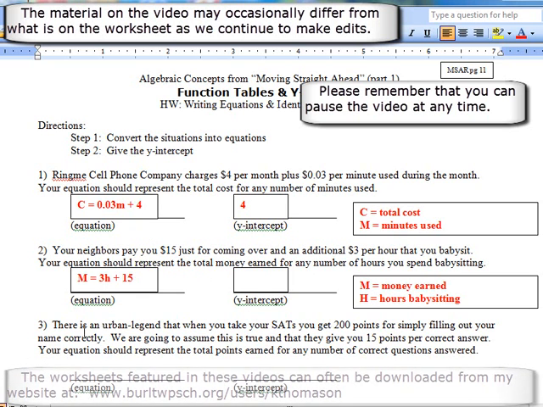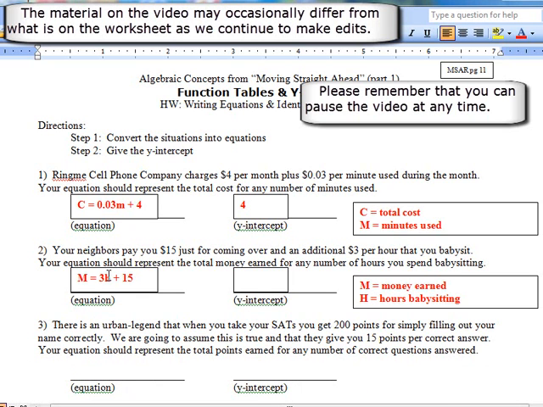Our y-intercept, again, is the number that's being added to the equation. The y-intercept is the number that represents where the equation crosses the y-axis. So for this problem, this equation is going to cross the y-axis, which is called the y-intercept, at 15.